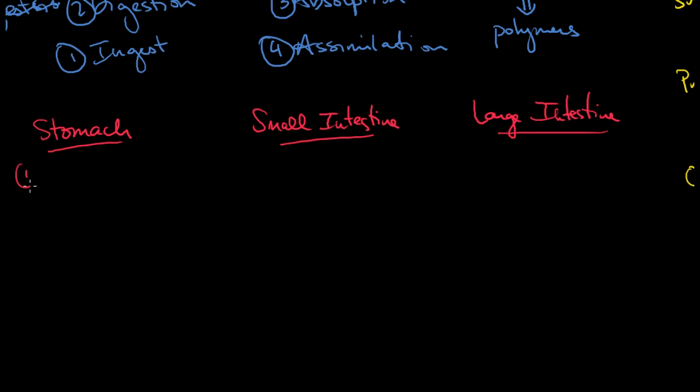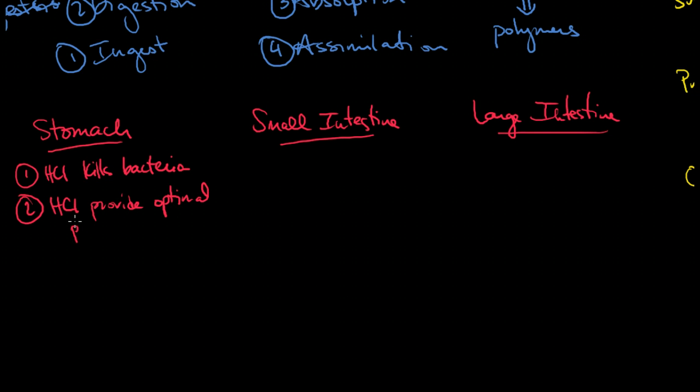I just mentioned this. So the hydrochloric acid in the stomach kills bacteria most of the time, unless there's some bacteria that are resistant. The hydrochloric acid provides optimal pH for enzymatic digestion.